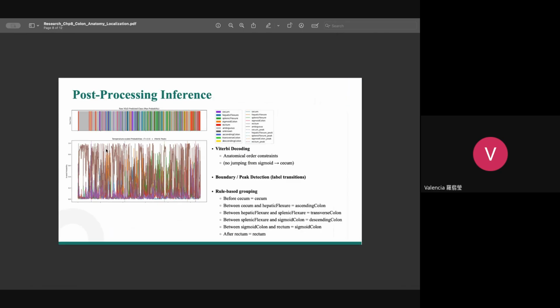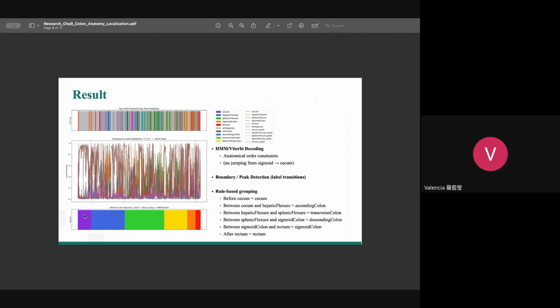After we got the boundary, we use it to assign the intervals, and the result is going to be smoother compared to the frame-wise prediction. In a colonoscopy video, it goes from the beginning to the very end, the withdrawal phase. Usually the video starts from the cecum.